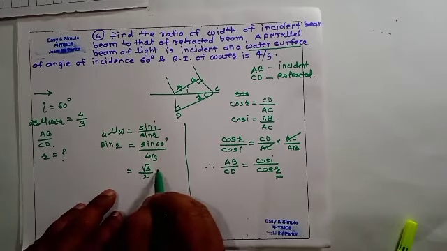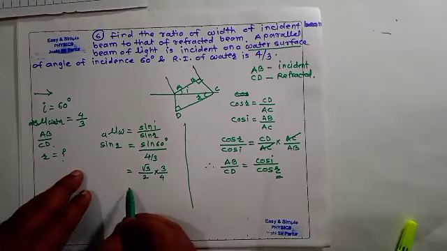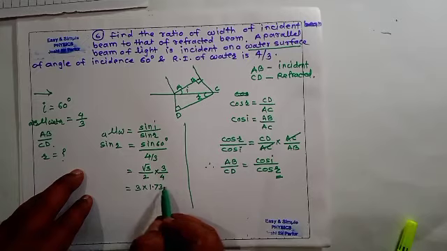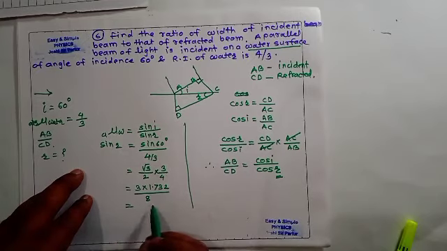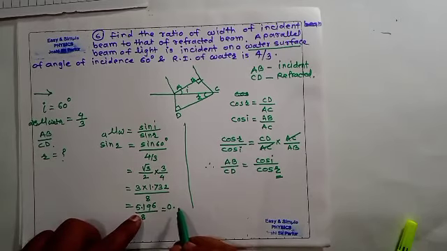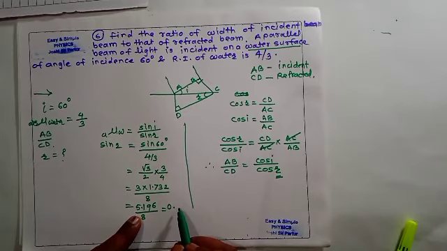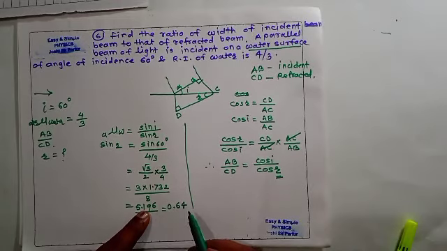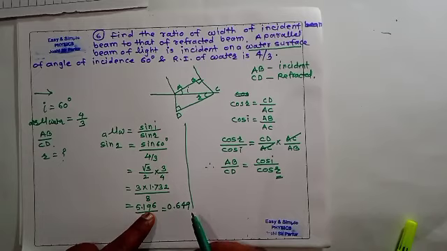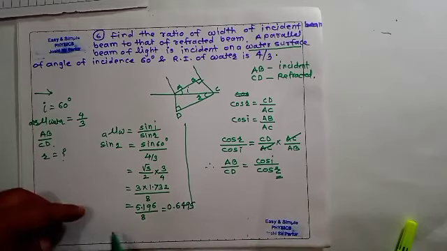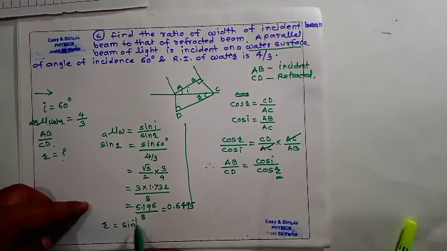Square root of 3 upon 2 multiplied by 3 upon 4, means 3 multiplied by 1.732 divided by 8, means 5.196 divided by 8, which gives 0.6495.